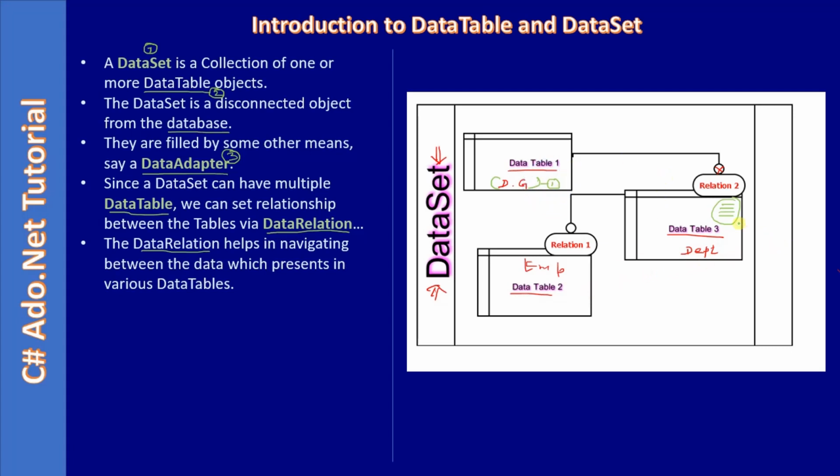Similarly, when you take a specific department, we can say who are all the employees who work for the specific department. So such a navigation will be possible based on the data relation. So the data relation helps in navigating between the data which is present in various data tables.